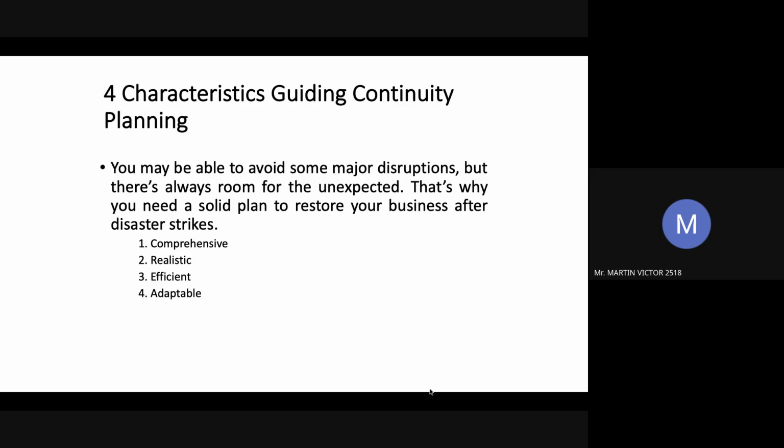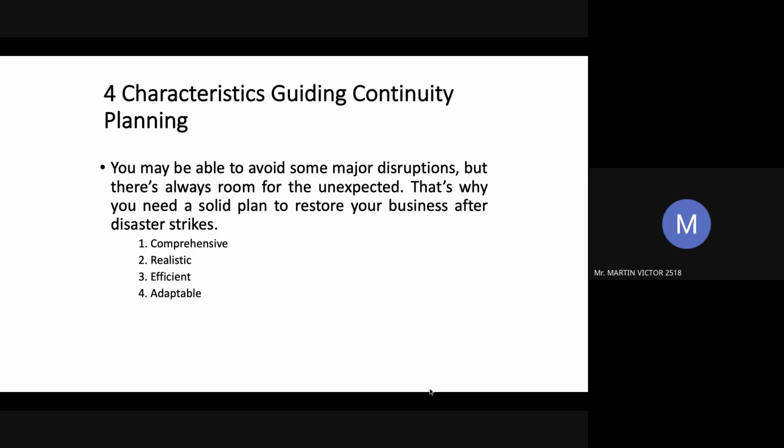The whole world, we wouldn't have seen or even thought about that. So that is what an unexpected occurrence is. That's why we need a solid plan to restore our business even after the disaster strikes.